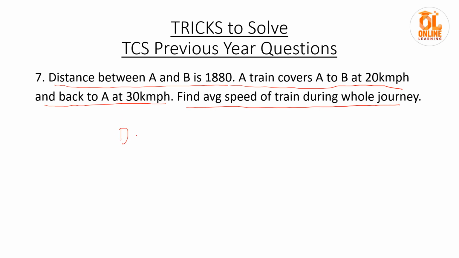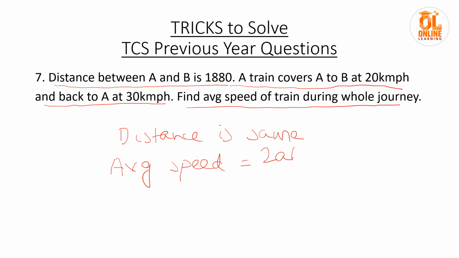Remember, if distance is same, then average speed is equal to 2ab by a plus b, where a is the speed of first, b is the speed of second.